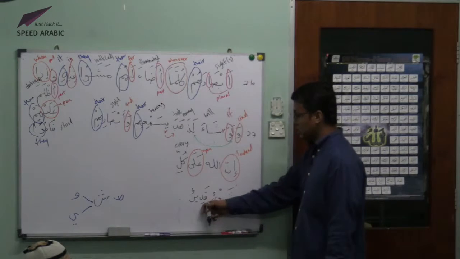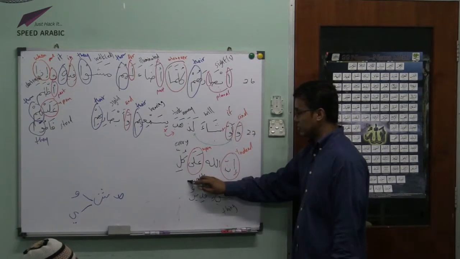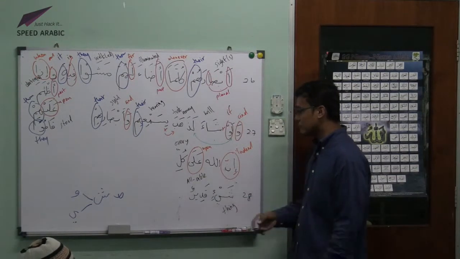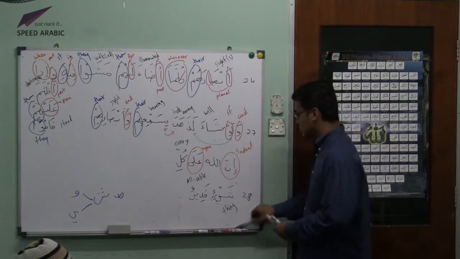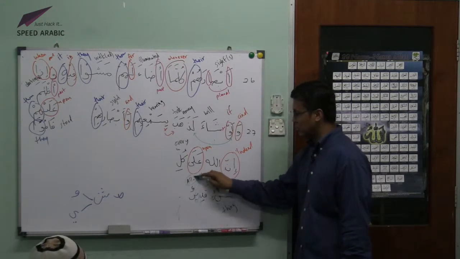Able. So qadara is able. All able, something like that, very able, almost able. Okay, so the ya is the very, all.